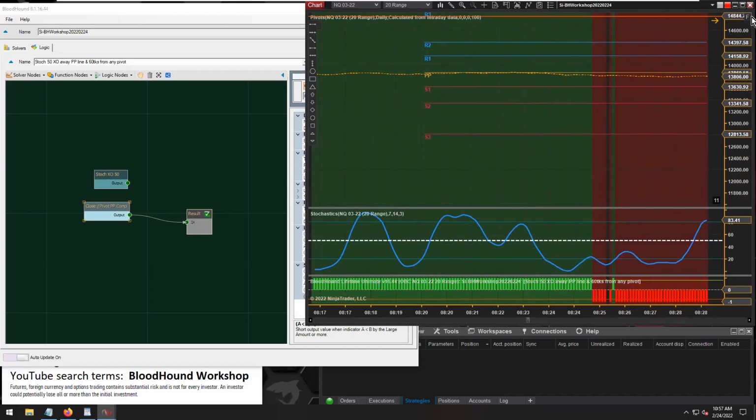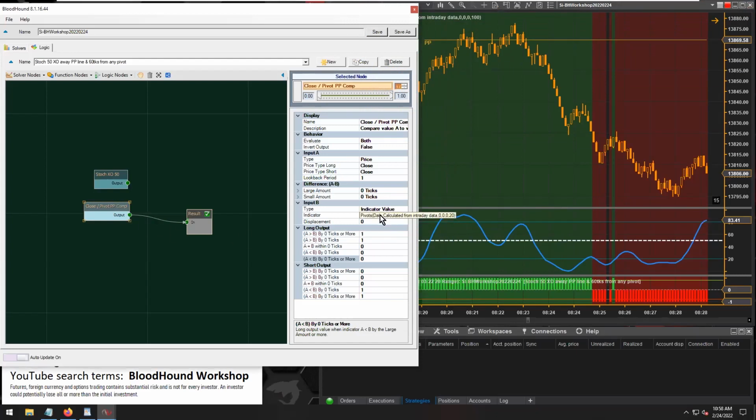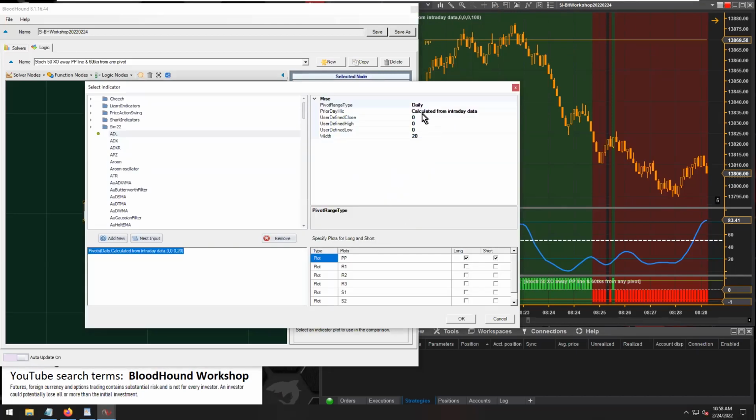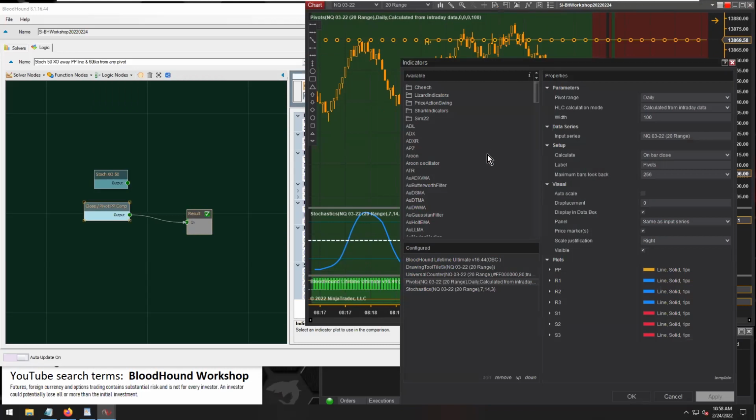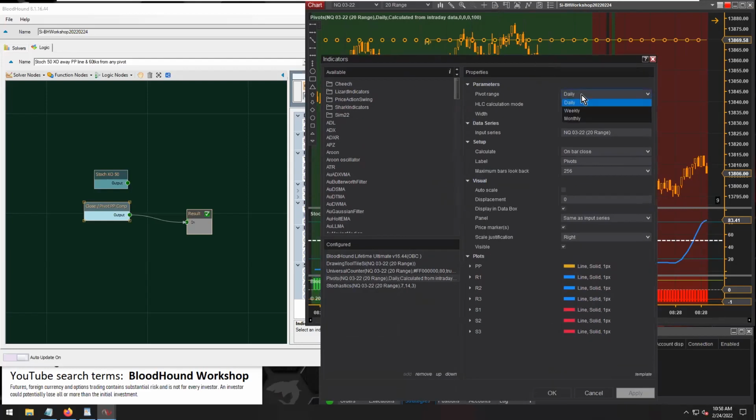We're seeing some differences between the indicators. Let's see, calculate from intrabar data, trade range type daily. So the pivots indicator running inside BloodHound is giving us a different calculation than what we're seeing on the chart. So I'm just trying to figure out why that might be.